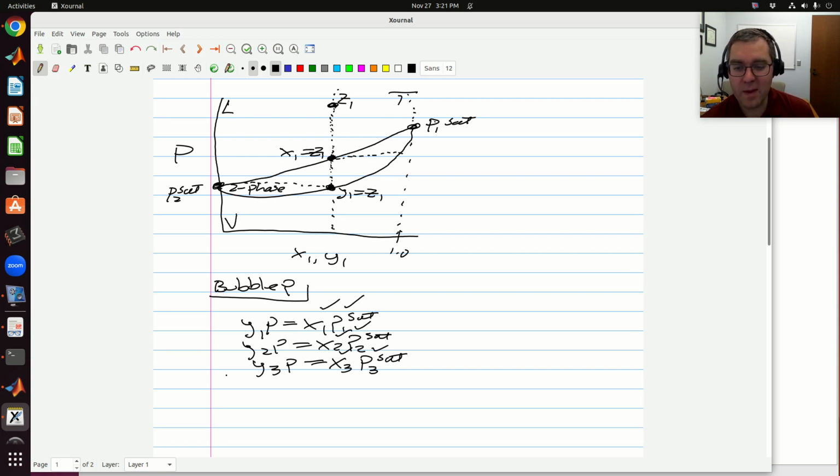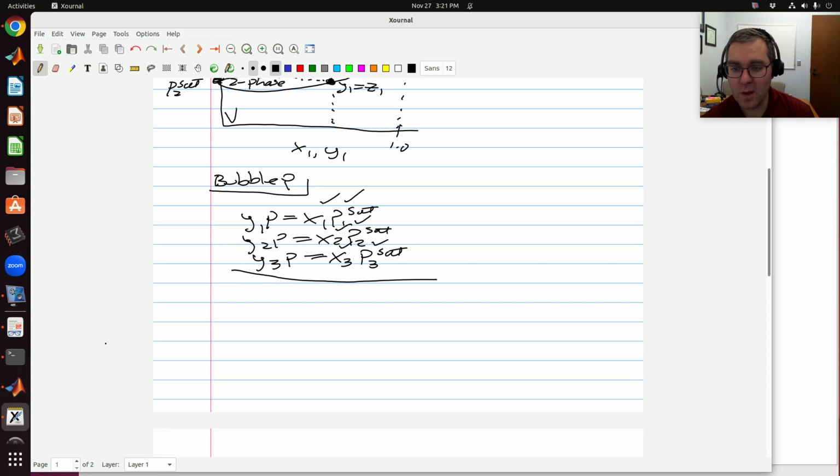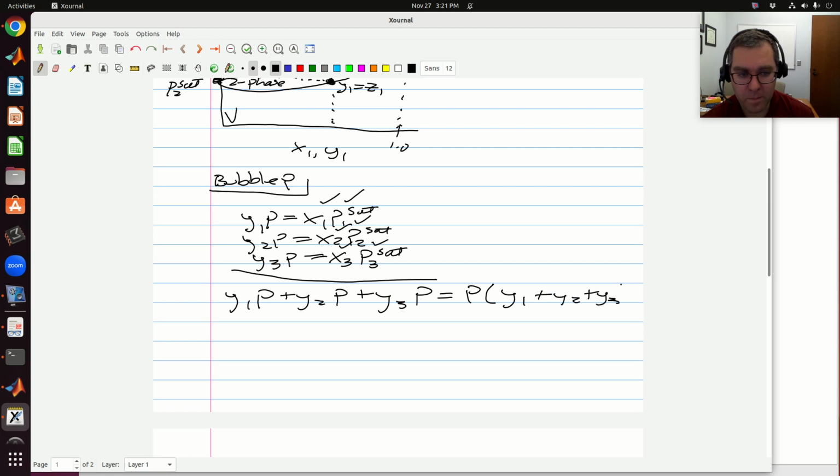In a bubble P calculation, the idea is to sum these equations together. On the left-hand side, I end up with Y1P plus Y2P plus Y3P. That's my pressure, so I can factor it out: P times (Y1 plus Y2 plus Y3), and Y1 plus Y2 plus Y3 sums to 1.